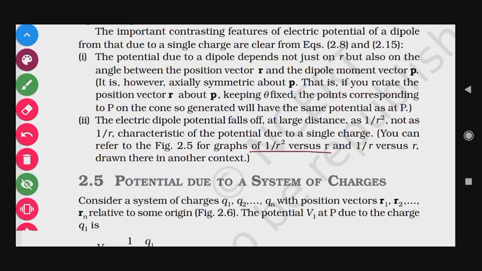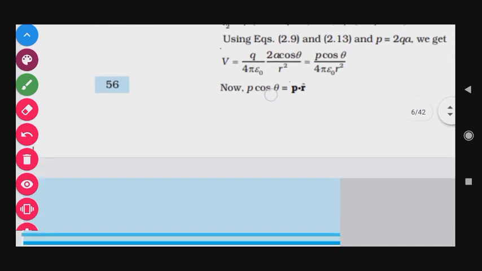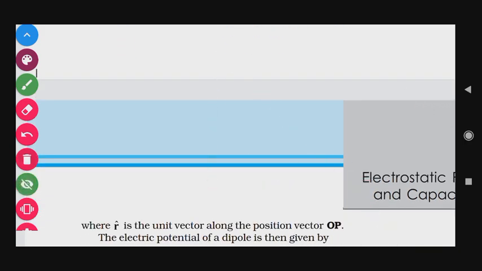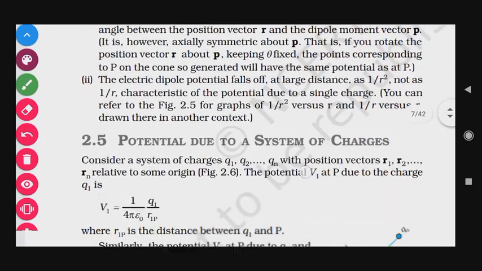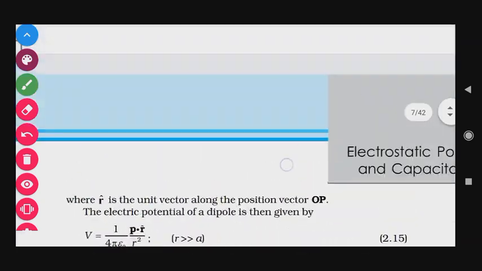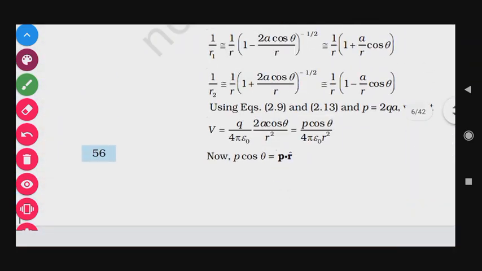If you draw a graph, you can explain it better. For a dipole it would be like this, and for a point charge it will be like this. Somehow like this you can draw the graph. So I tried to explain this equation and this dipole.